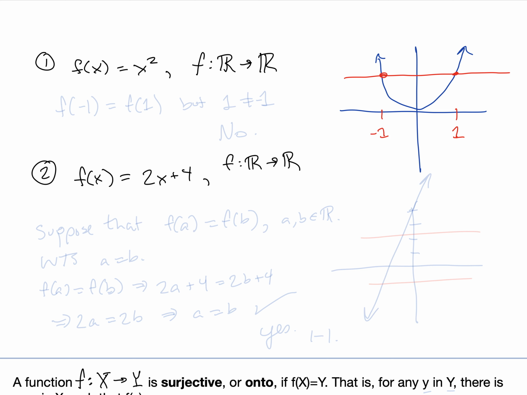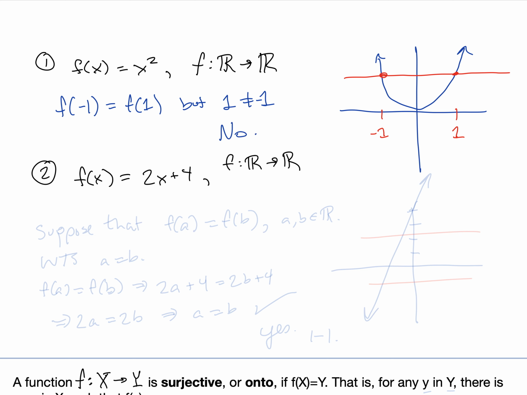And this is okay, it's still a function, but it is not going to be an injective function because f of negative 1 is equal to f of 1, but 1 is not equal to negative 1. So we are not following the rule above that if f of negative 1 equals f of 1, it must be the case that 1 is equal to negative 1. If the outputs are equal, it must be the case that the inputs were equal. So no, this is not injective.